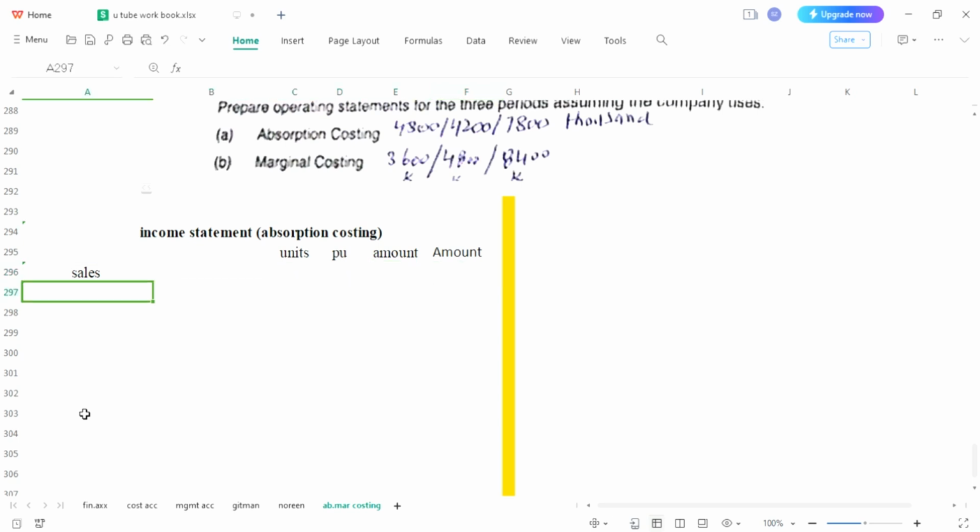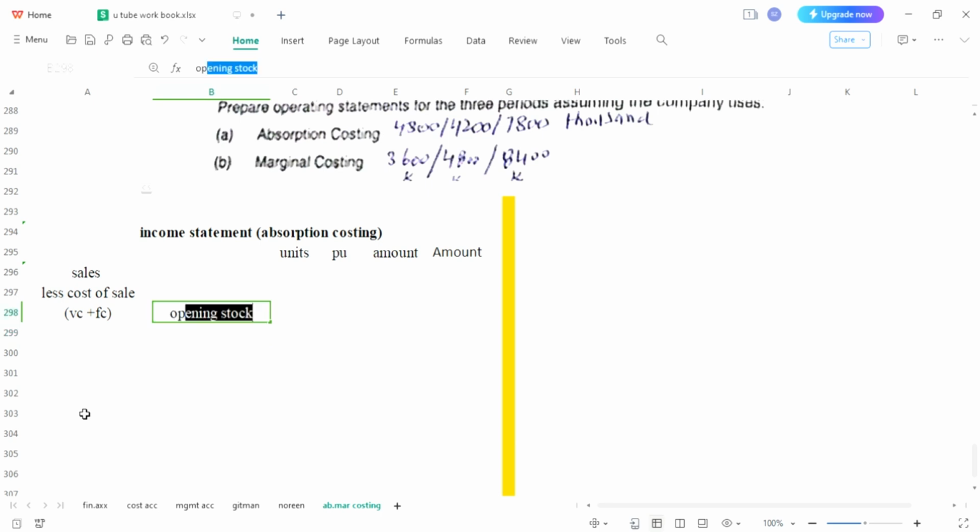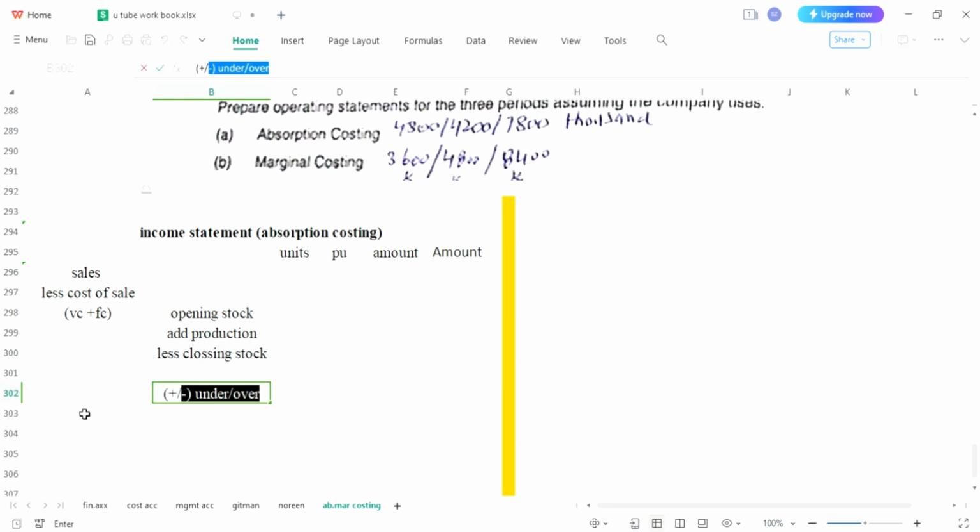Then we need to have cost of sales, and this cost will include both VC and FC. This cost of sales would start with opening stock, and then you will add production cost, you will subtract closing stock, and after that you will see if there is any under applied or over applied overhead, and you will show it over here.